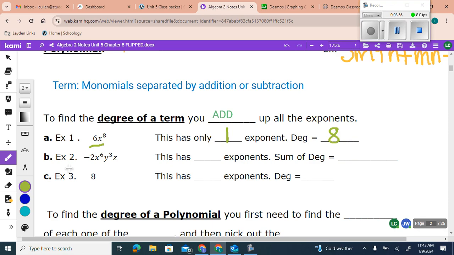All right, so let's look at example 2. Is there an exponent with z? Yeah, what is it? A 1, a little invisible 1. If you do not see 1 there, but you see a variable, a little invisible 1 is attached to it. So this has 3 exponents, actually. And the degree is not 6. The degree is 6 plus 3 plus 1, which is what? 10.